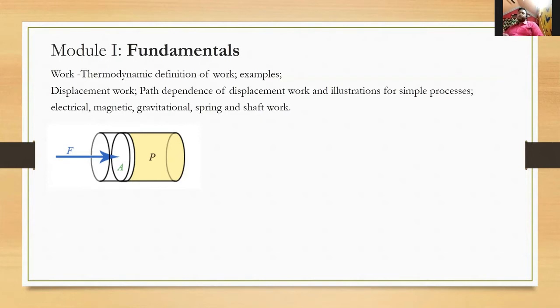If a force is acting, as the blue arrow, on some piston having an area A, which is there in a cylinder, having a certain pressure P. So against pressure P, if you are giving some force F, then of course there is some work happening if the piston is moved. So if you have a piston here, just like this, and this piston is moved by this force, then of course some thermodynamic work is happening.